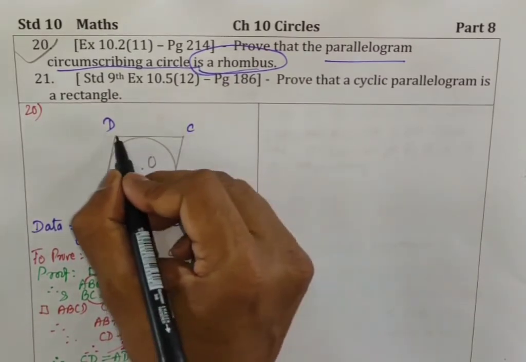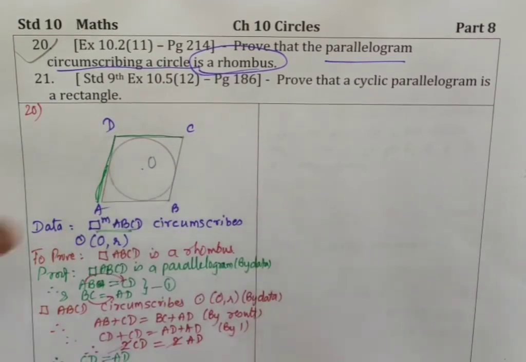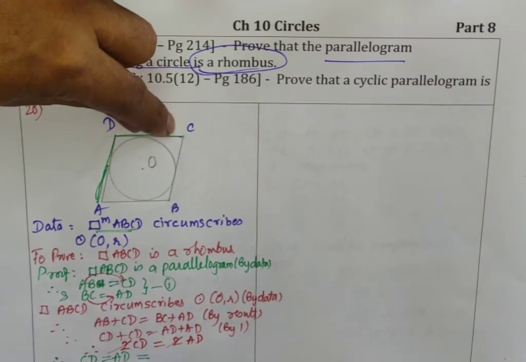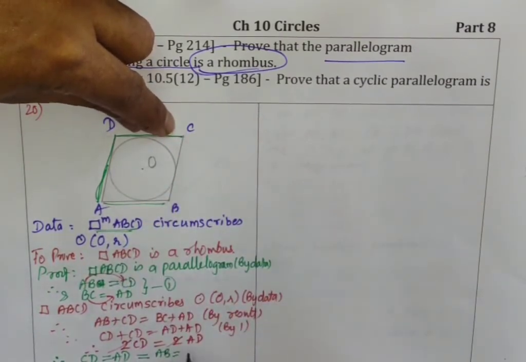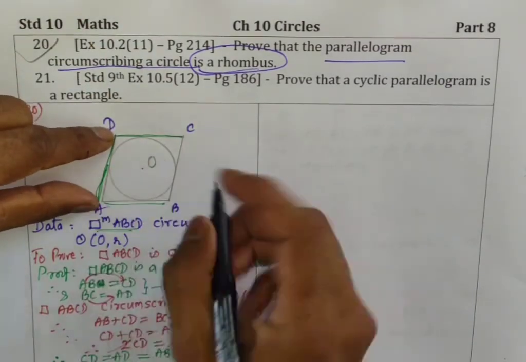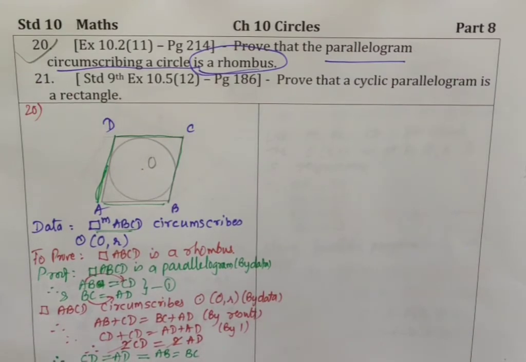Where is CD? This. Where is AD? This. Correct? But this CD is also equal to AB, the opposite side. And this AD is also equal to BC, the opposite side to that. Correct? CD equal to AD, and that is equal to AB equal to BC.